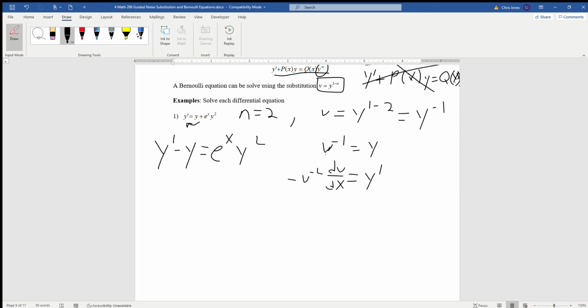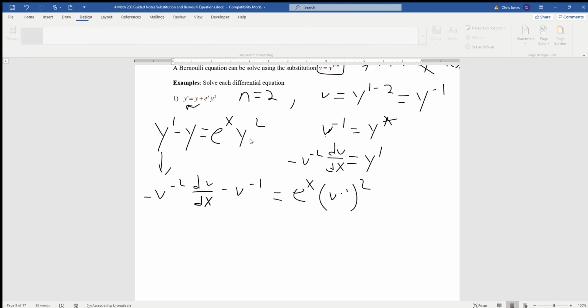Then by substitution, y prime is going to be minus v to the minus 2 dv dx, minus y, and remember we said that y was equal to v to the minus 1, and that's going to be equal to e to the x times y, which was v to the minus 1 squared.